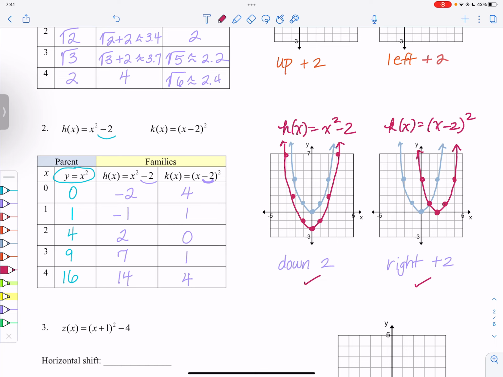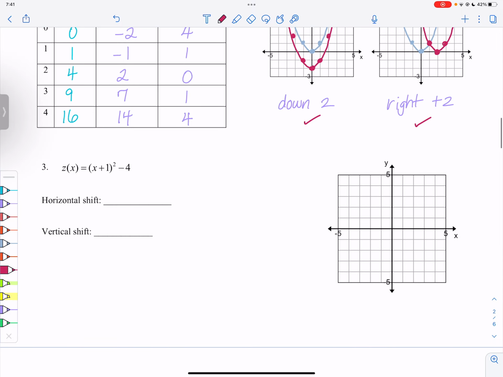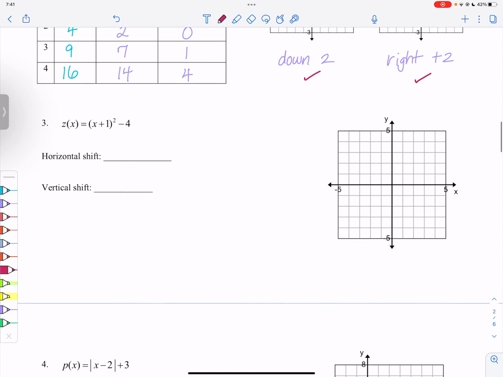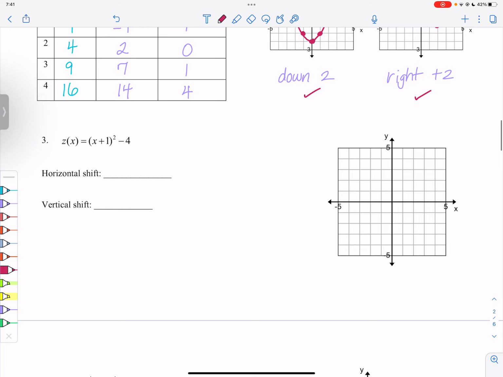Okay, how about this? We have a combination of transformations. So this here, this +1 means we are going to go to the left 1 unit.